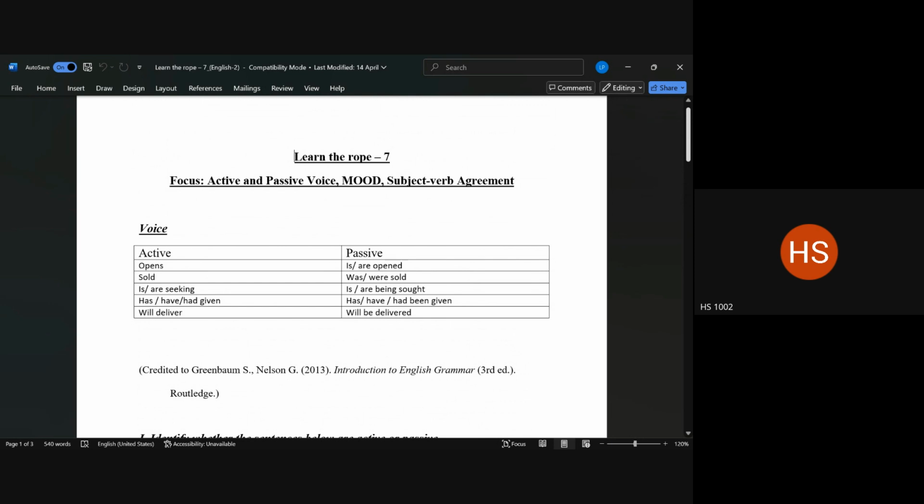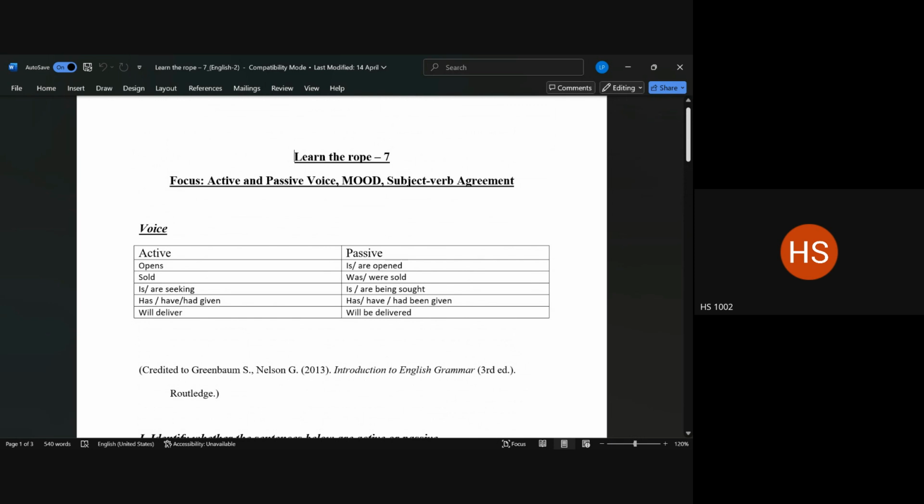Now, if you look at the technical part of passive voice, especially in English, the passive morphology is usually be, that is the be verb, plus the rest of the verb, right? So if you look at the example that you have on screen, for example, if you have a verb like opens, now this is in simple present tense, right?